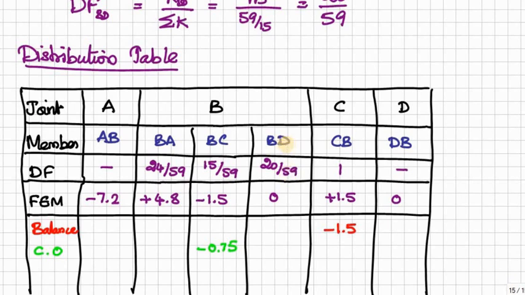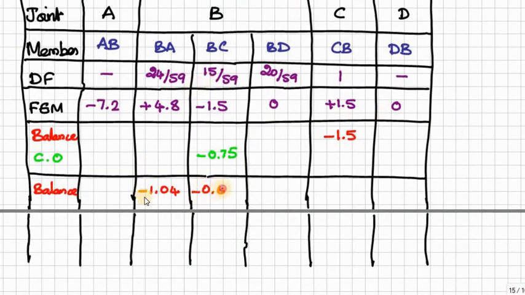That step is called balance. Therefore, here we have minus 1.04, here minus 0.65, here minus 0.86. Sorry, totally of 2.55. Because of this balance, the far end, which is either fixed support or interior support, will get carryover moments. That will be the next step.